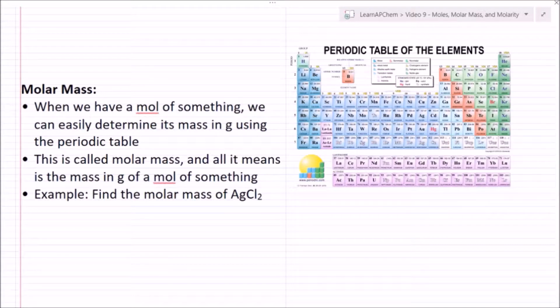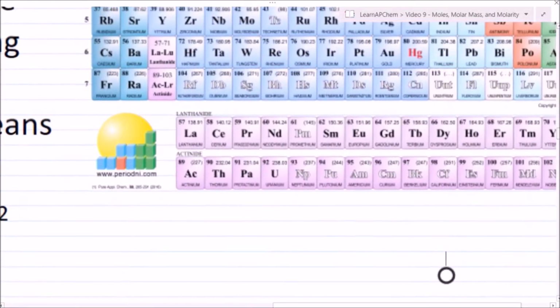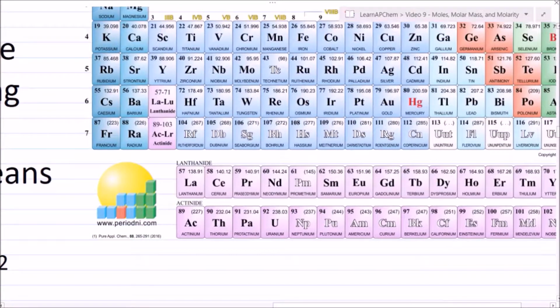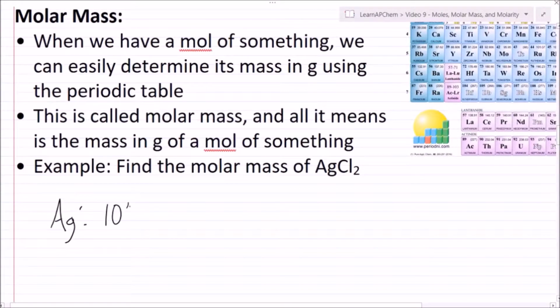Now to find a molar mass, all we have to do is use the periodic table. So let's do that. Here, I'm going to write down Ag's atomic mass. Ag is over here on the periodic table, 107.87.